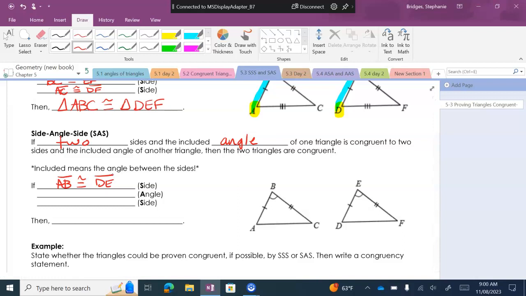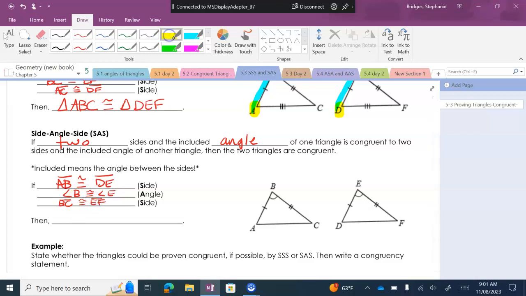What two angles are marked congruent in my picture? Angle B and E. And then what's the other pair of segments that you said a minute ago were congruent? BC is congruent to EF.